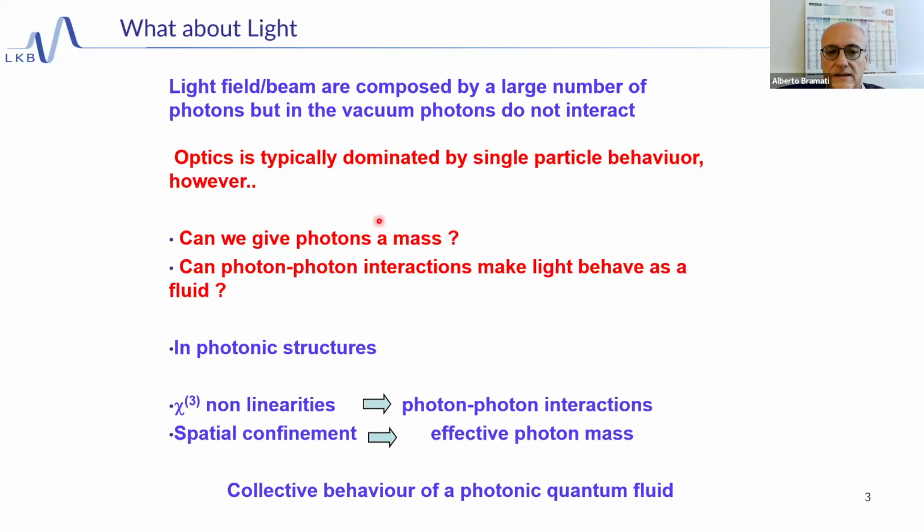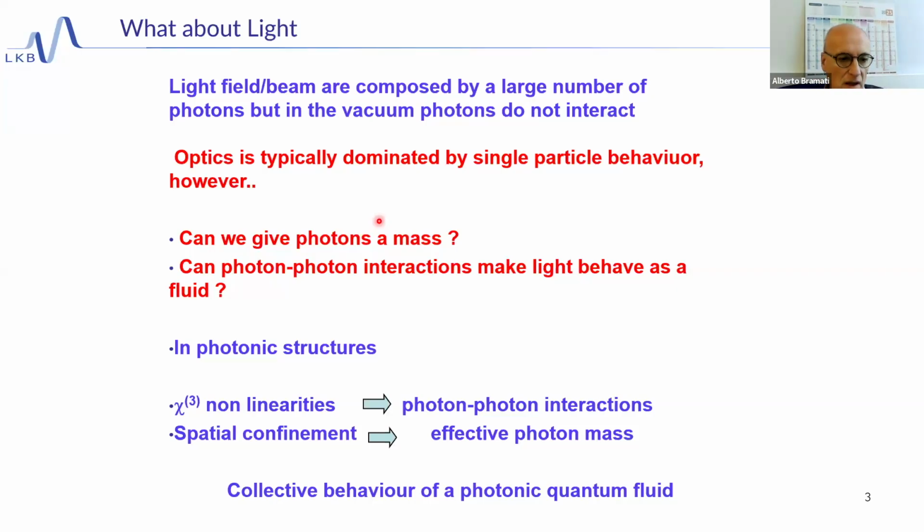The first one is to give a photon a mass, because of course photons are massless. We also have to be able to engineer an effective photon-photon interaction in order to observe collective behavior of light. This is possible using, first of all, nonlinearities.